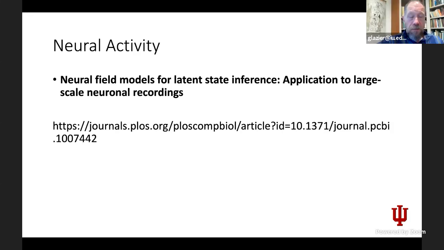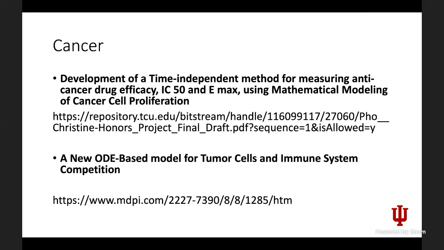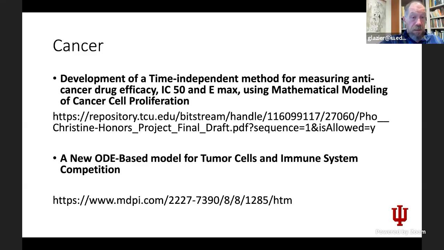So we should probably try to meet. Tomorrow is probably going to be bad, but either Thursday, Friday, or over the weekend, and look at the papers together. The main thing that I want to be careful about, if it says an ODE-based model for tumor cells and immune cell competition, that sounds good. I want to make sure that there aren't things hiding in the paper that make it difficult.